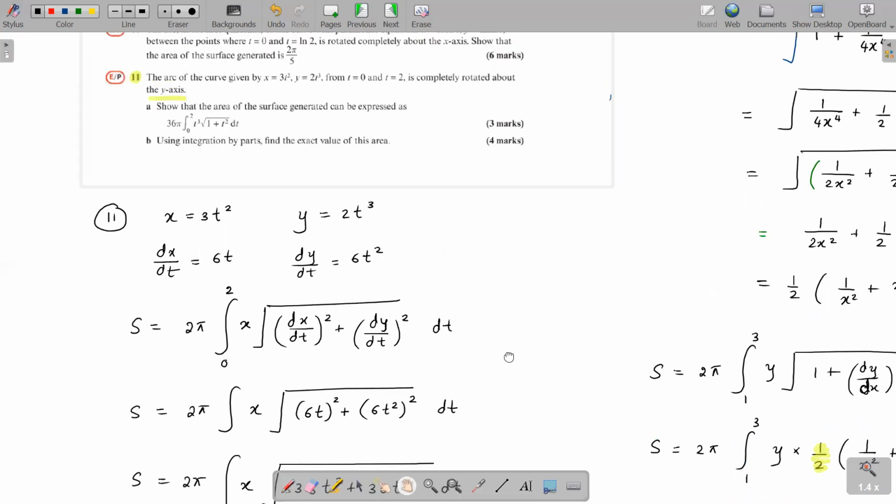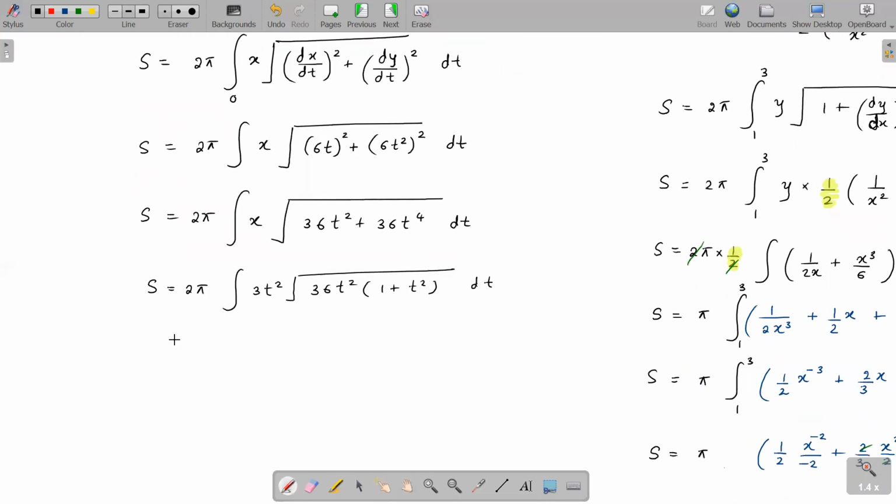So we have 2 pi integral 3t square, and I can take the 36t square out of the root as 6t. Inside the root, I get 1 plus t square with respect to t.